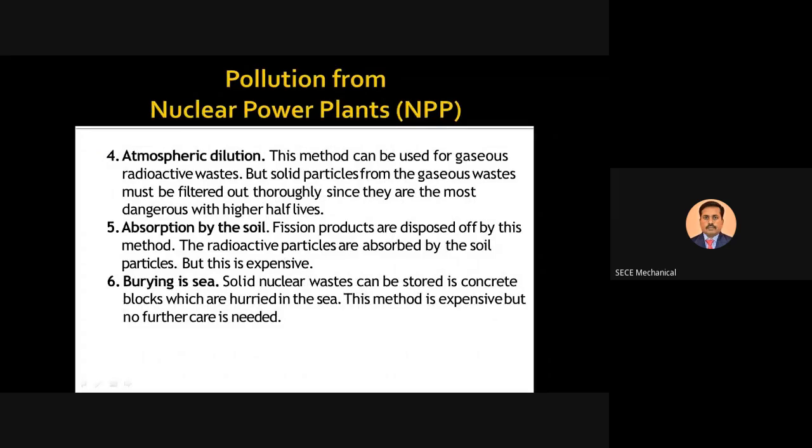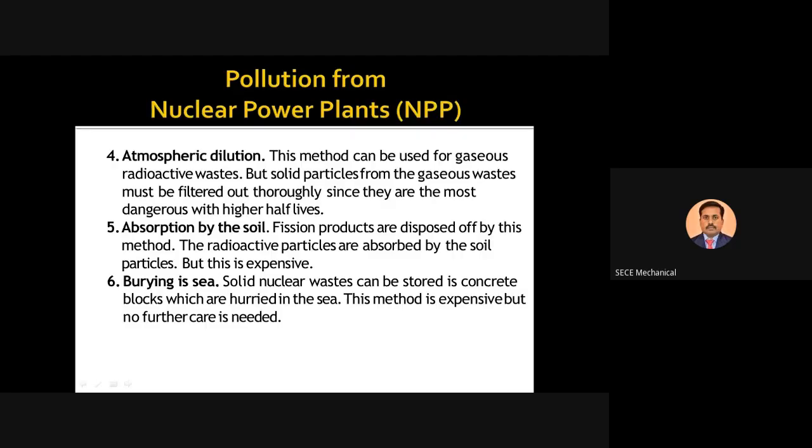This method is used for gaseous radioactive waste, but solid particles from the gaseous waste must be filtered out thoroughly since they are most dangerous with higher half lives. Before going to the atmosphere, the gaseous emission should be properly diluted. After dilution, we can send it to the atmosphere. Otherwise, it will create a lot of impact.